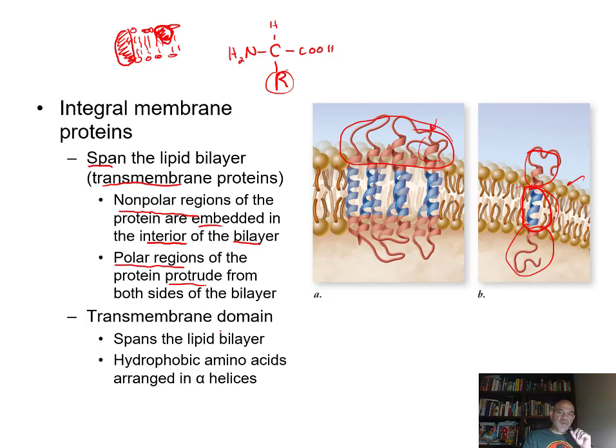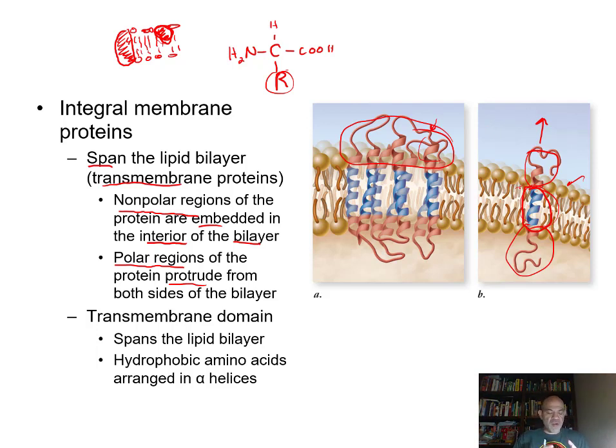And now this is important here because this is a fluid situation, and this protein is free to move around. And if the direction it is going to move is outward or inward, when it moves outward, that water-based environment is going to push that nonpolar part back in because the nonpolar part and the water are not going to mix very well.